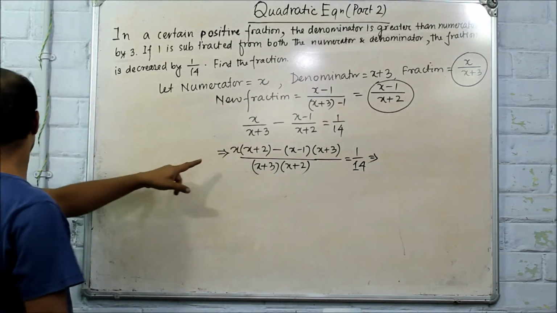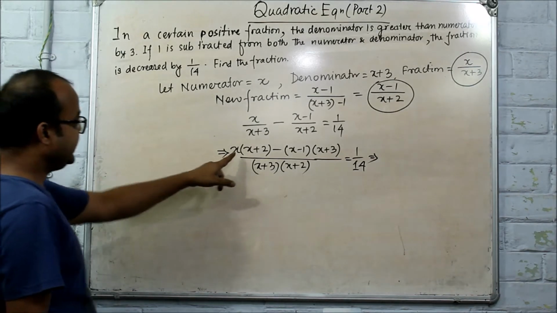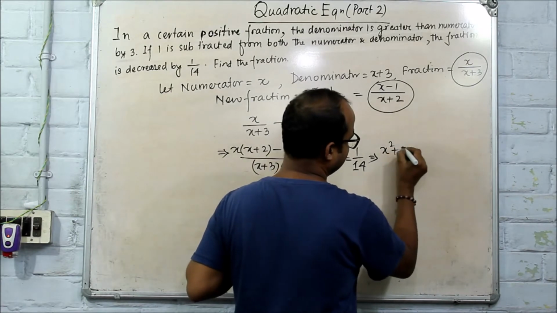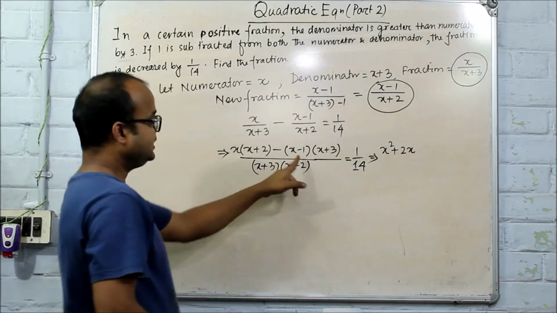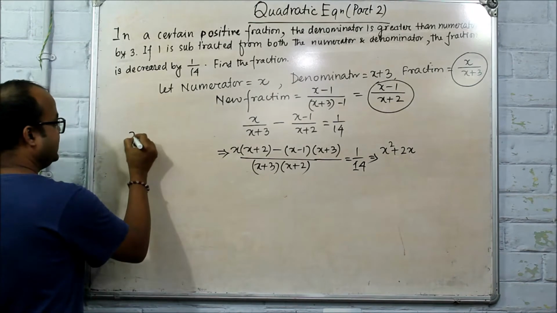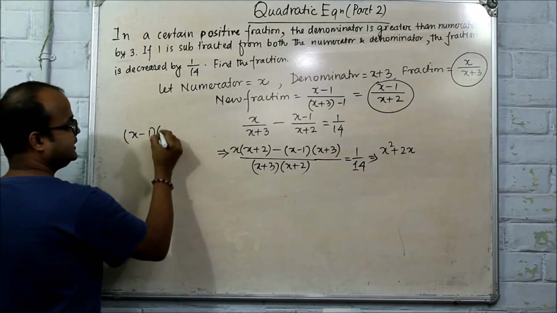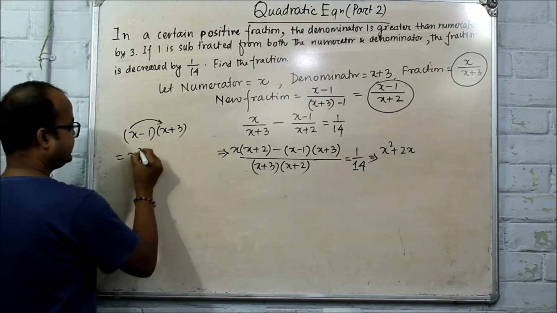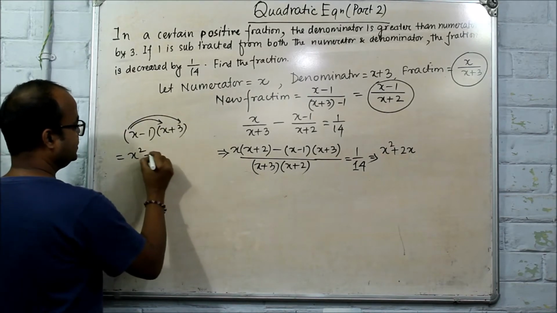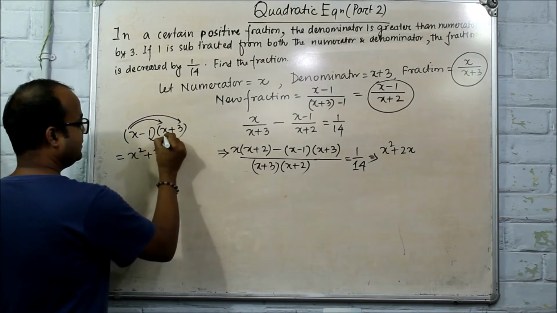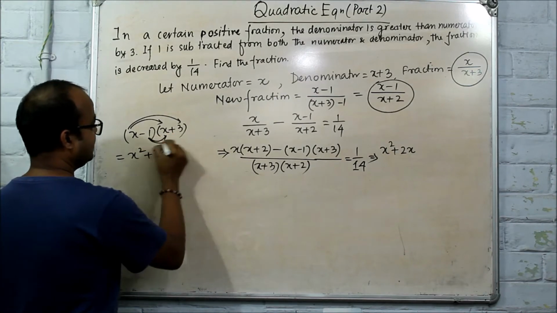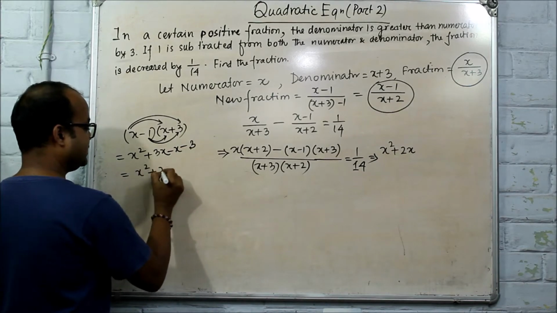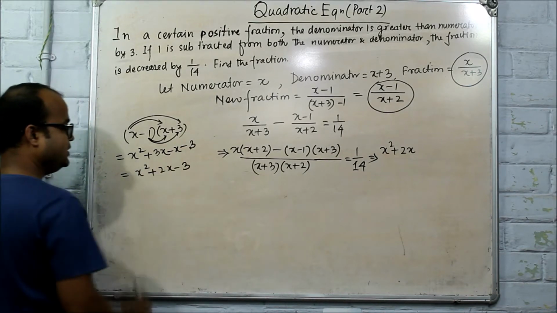Now if you simplify, you will get x square plus 2x. If you multiply x minus 1 by x plus 3, you will get x into x, x square, x into 3, plus 3x, minus x, minus 3. So x square plus 2x minus 3.